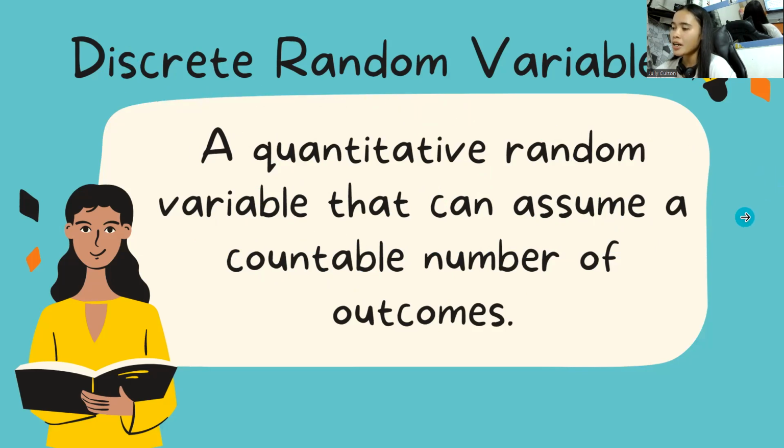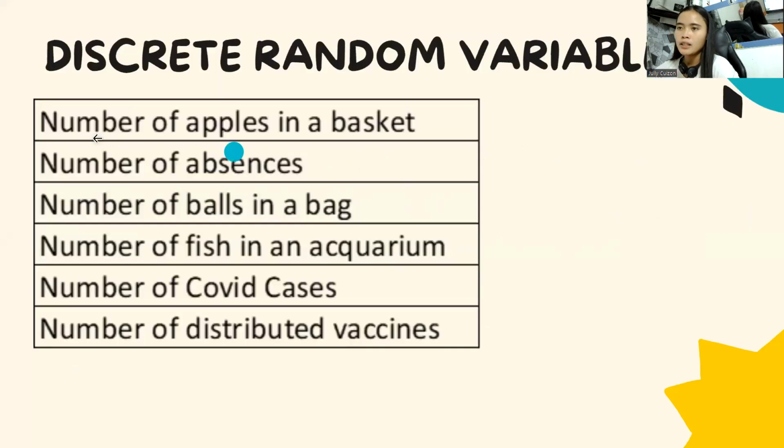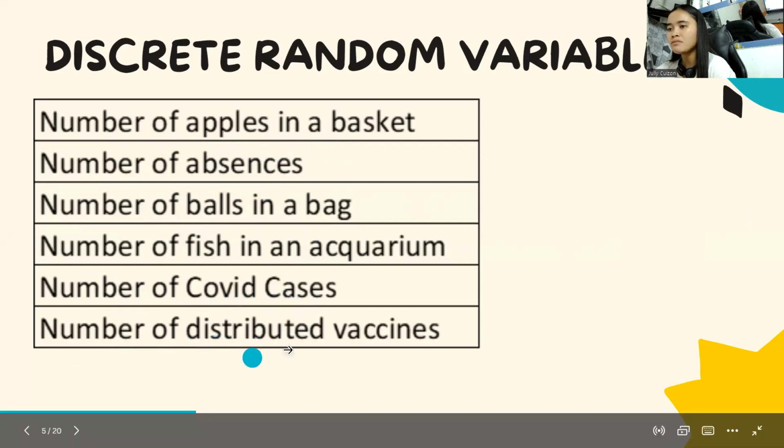To further understand, let's have some examples: number of apples in a basket, number of absences, number of balls in a bag, number of fish in an aquarium, number of COVID cases, and number of distributed vaccines.